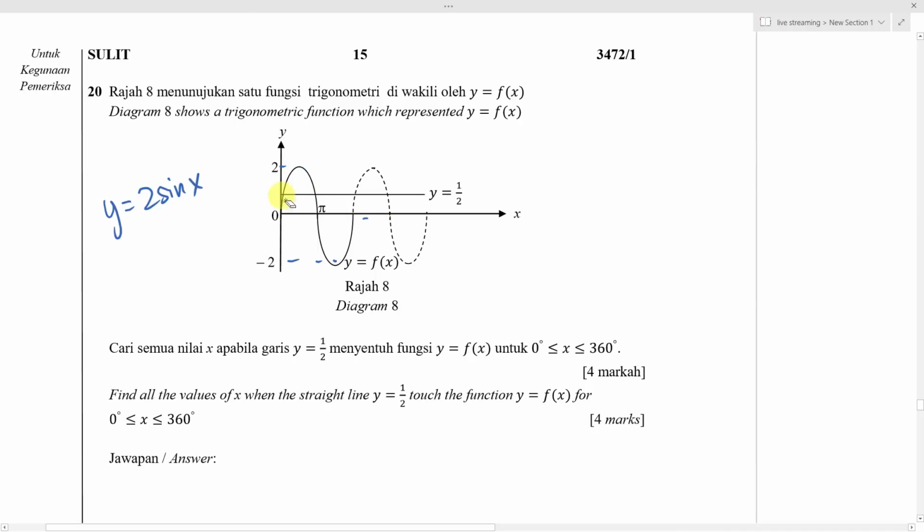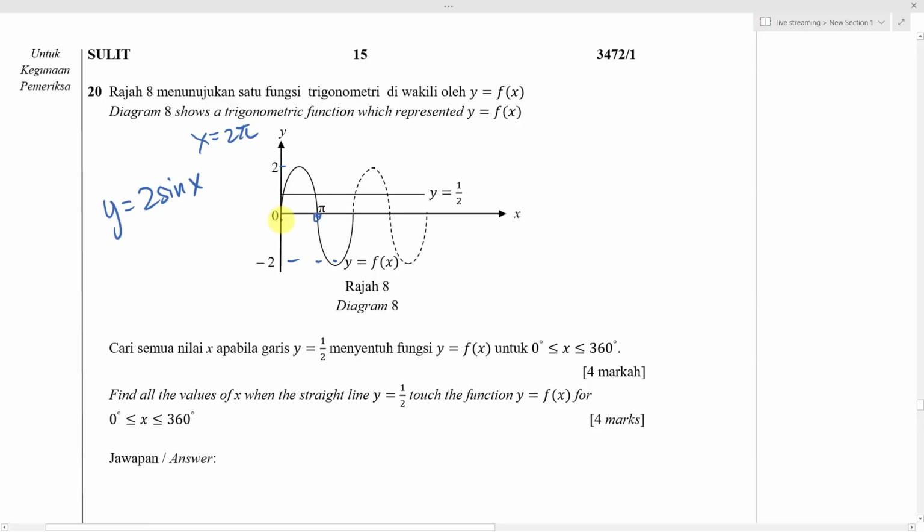There's only one way to make this possible. If they erase this pi and put the pi over here, then the 2 pi 2x, yeah, it makes sense. But if the pi is at the middle here, this equation is just 2 sine x. It's not going to be 2 sine 2x. Because we can find our period, right? Our period actually equals 2 pi, isn't it?